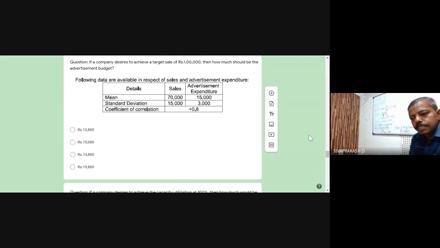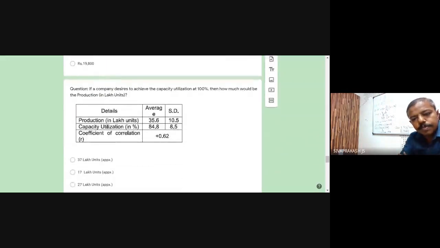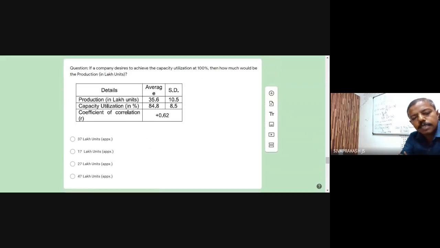What is the next question? Again, it is the same model. Can you try this now?